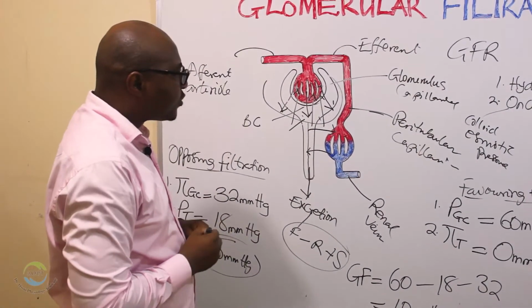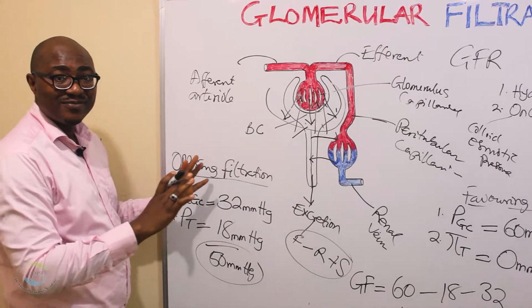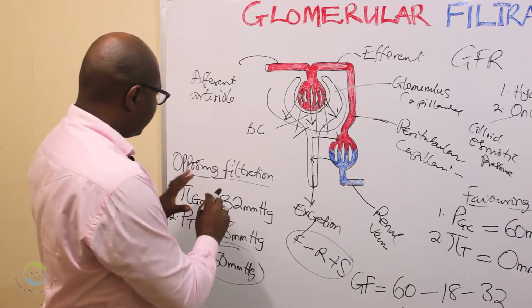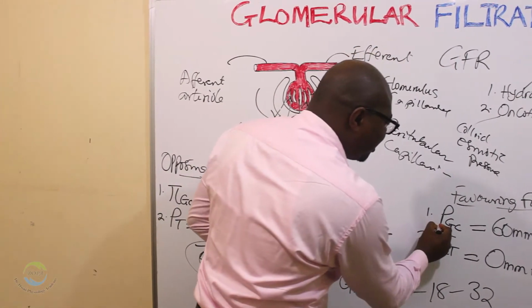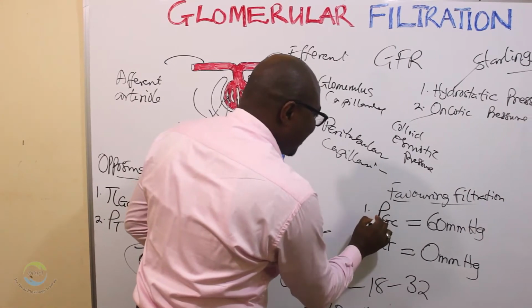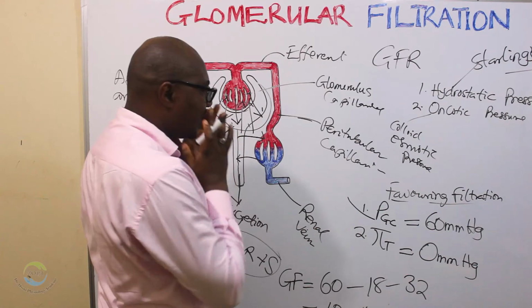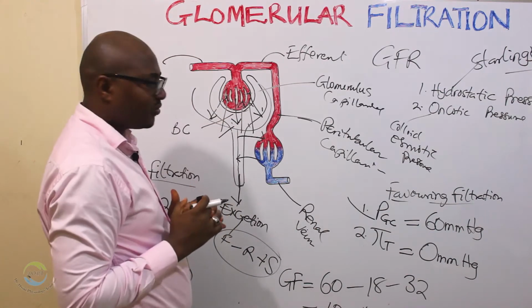Okay, so now the determinants of glomerular filtration. Changes in the hydrostatic pressure of the glomerular capillaries will change glomerular filtration rate.